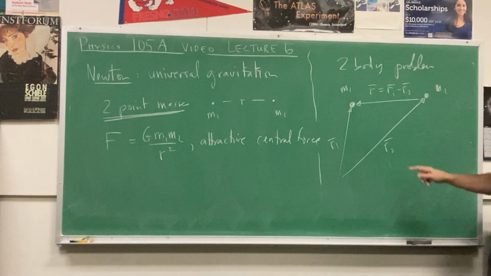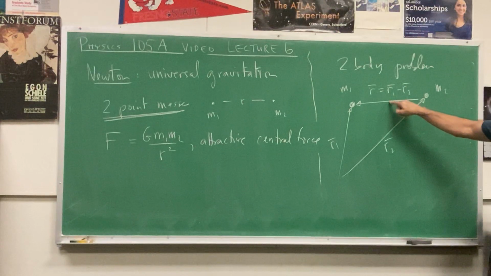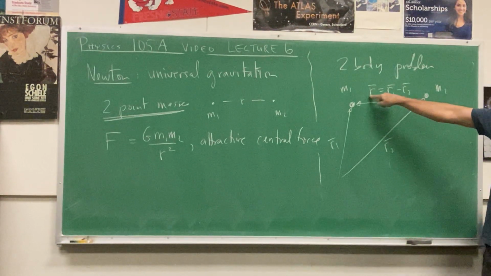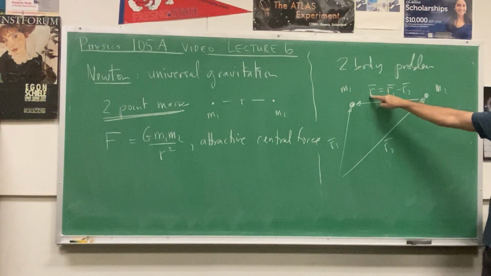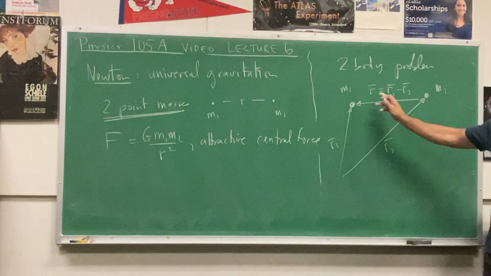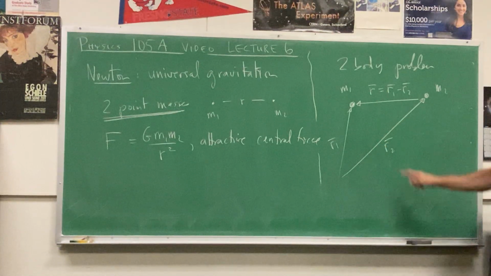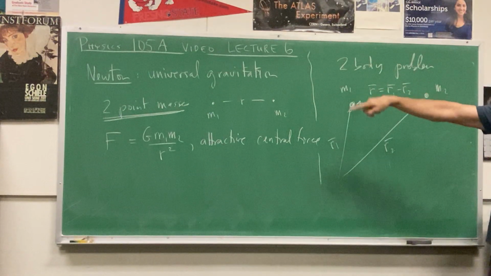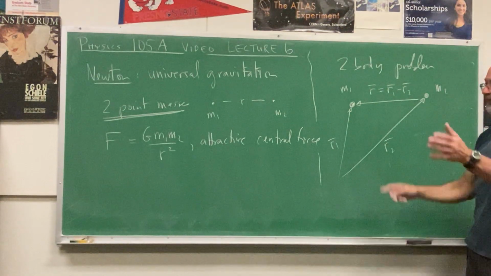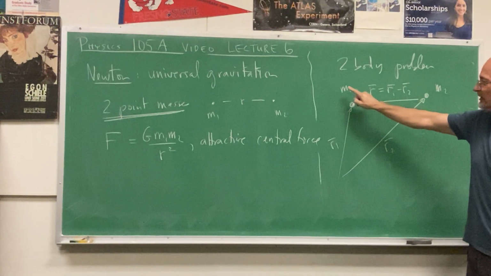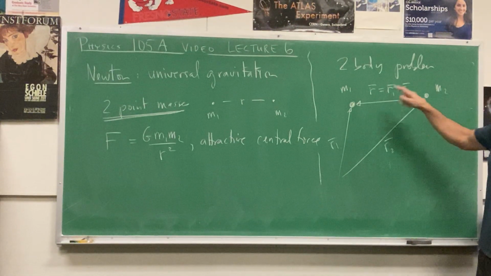And it's going to turn out that we can express the force law just in terms of this one vector. It'll be a few steps until we get there, but we'll express it in terms of this one vector. The mass in our Newton's law that we had before, the mass in our central force problem, is actually going to be what's called the reduced mass, a particular combination of these masses.